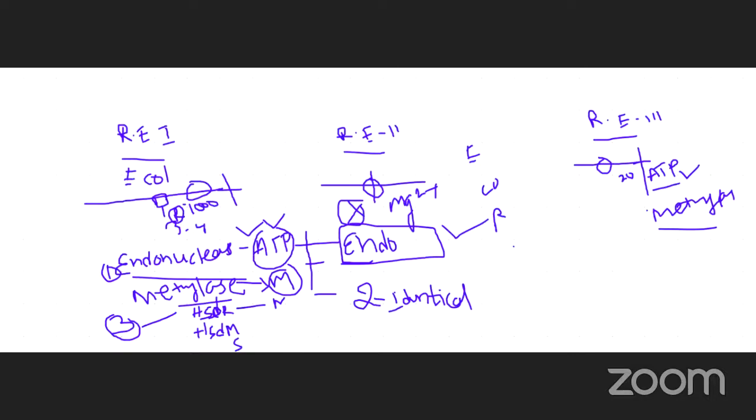And recognition site. I already told you, in any enzyme there is a recognition site. This recognition site is called a palindromic sequence. Palindromic sequence means if you read in any direction, the same nucleotides appear. For example, here this is double-stranded DNA.